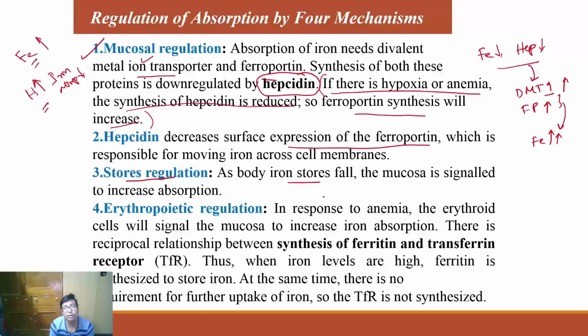But by the time the stores are getting depleted, they already signal the mucosa that we are running short in our supplies: please signal iron absorption. So what will happen?